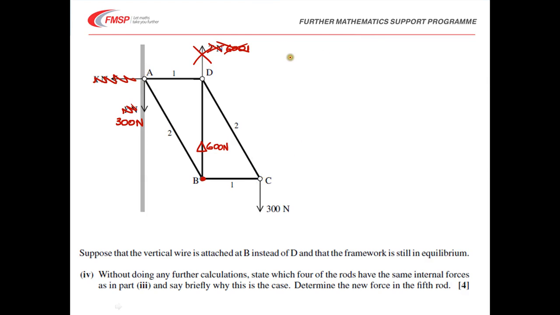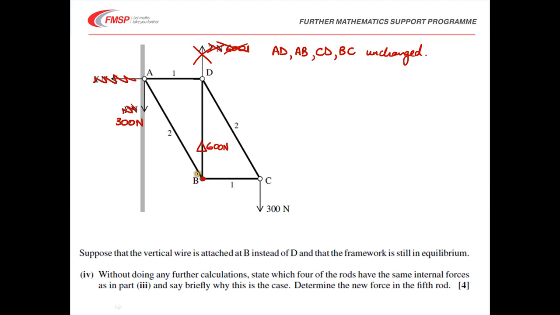So that means anything connected to A or C is going to have the same force in it. So unchanged, the same internal forces AD, AB, CD and BC are all unchanged. Only BD is going to be affected.